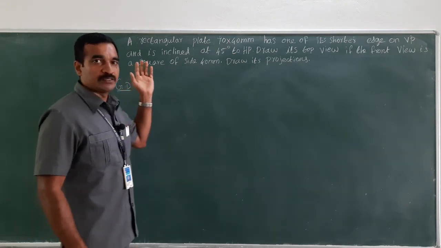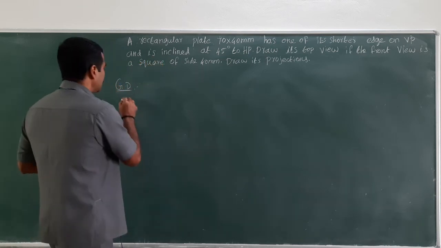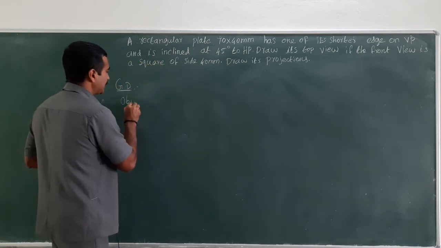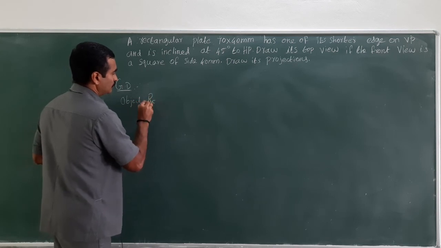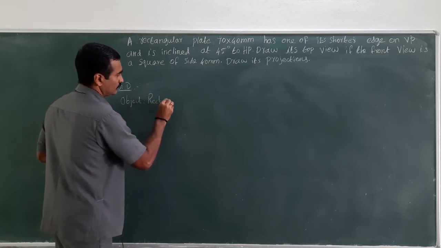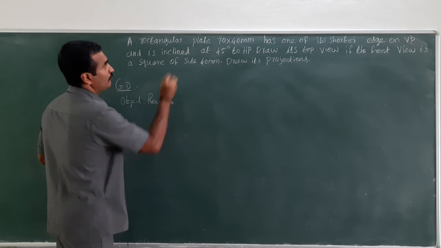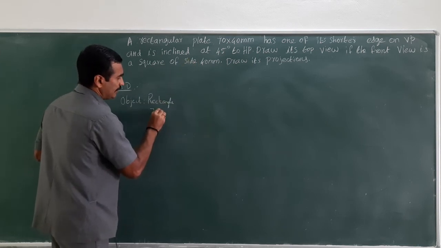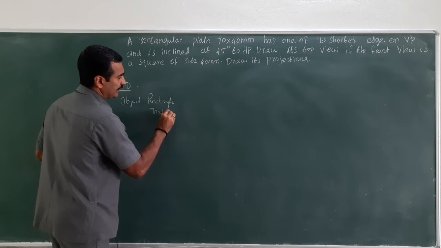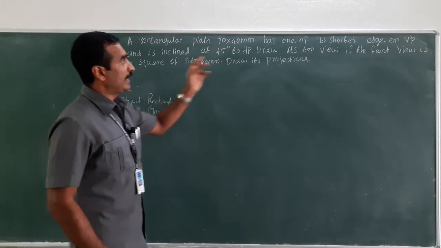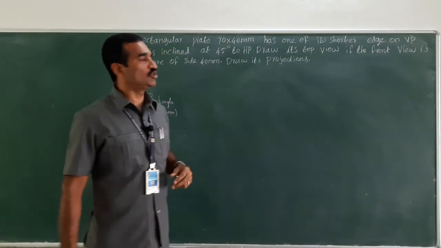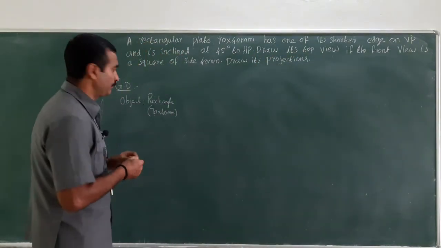The object here is a rectangle of size 70 by 40 mm. It has one of its shorter edge on VP.